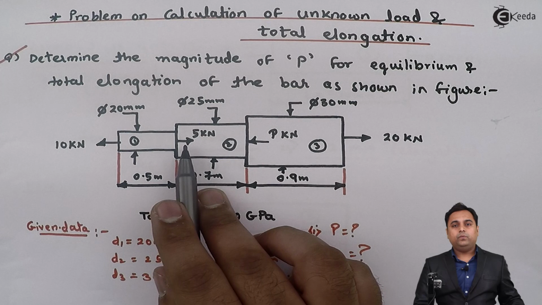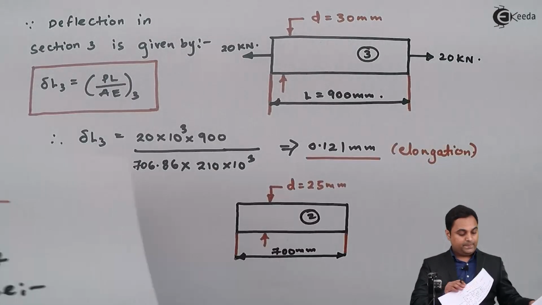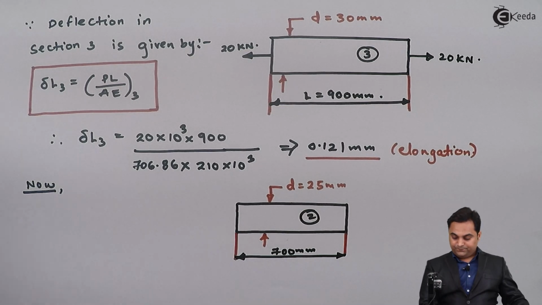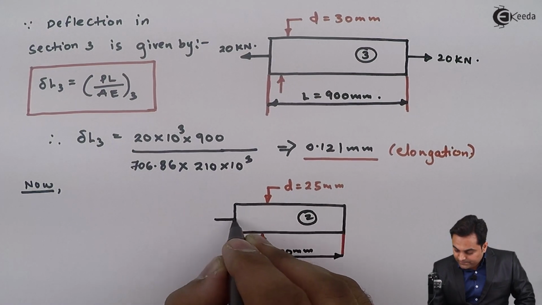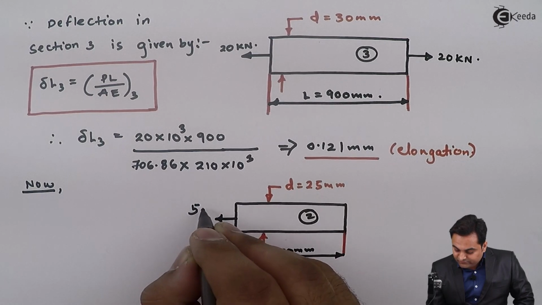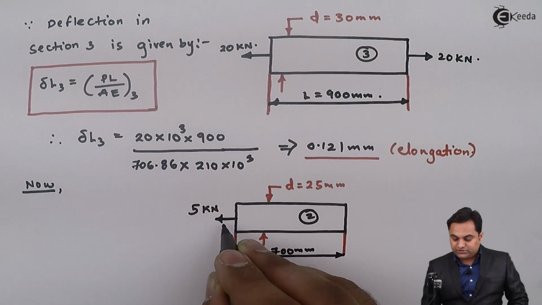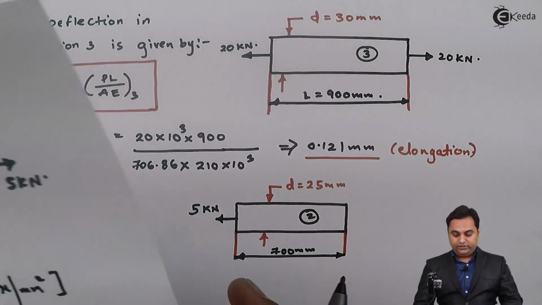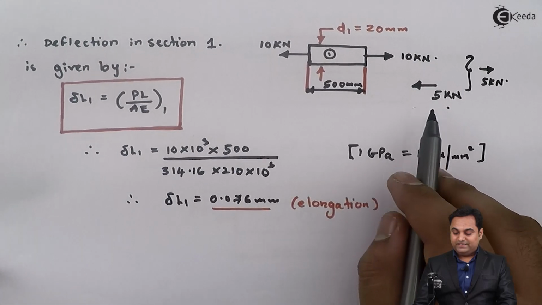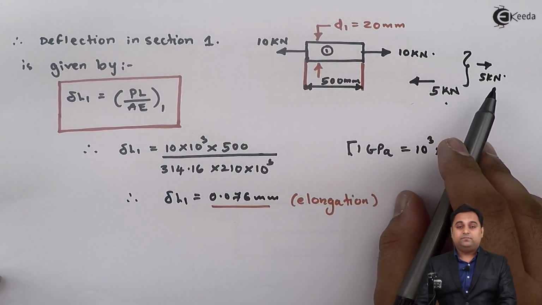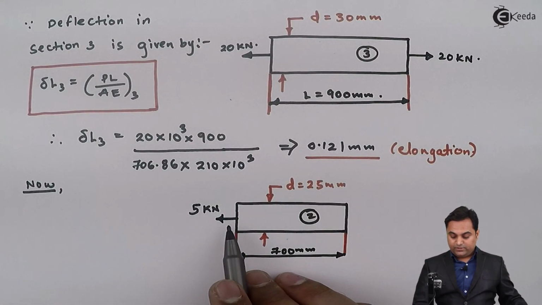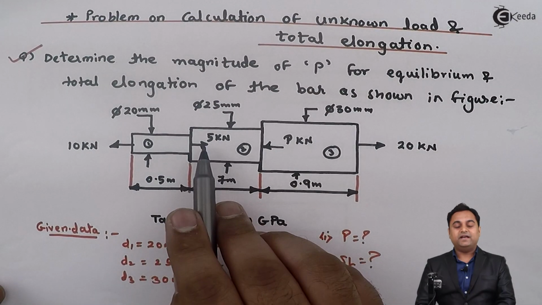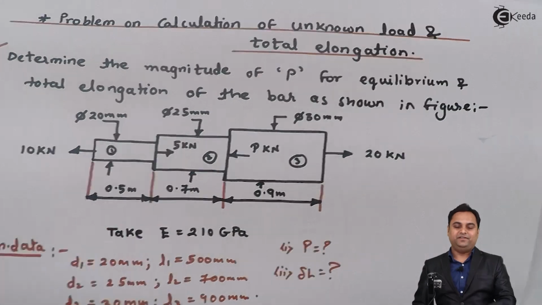So here we can complete this by adding a load of 5 kilonewton towards left at second section, because here this is going towards left, so minus 5. Next, at the same point we are having plus 10, so minus 5 plus 10, that gives us plus 5 kilonewton. And so here we are saying that this condition has been met or it is satisfied.